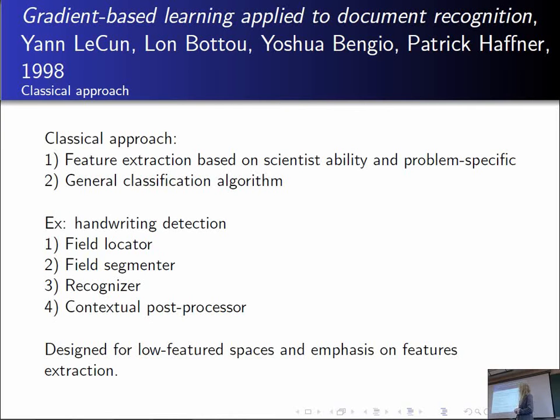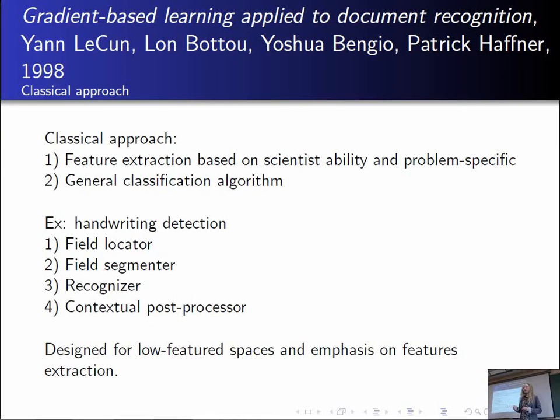They exposed the fact that the classical approach is to divide the research in two phases. The first one is feature extraction. You try to extract features based on your own knowledge of the field. So you need knowledge about the specific field, like in biology, and then you apply a general classification algorithm.